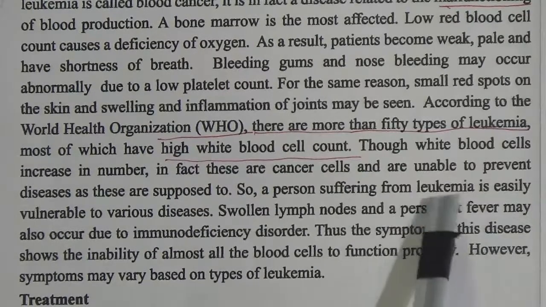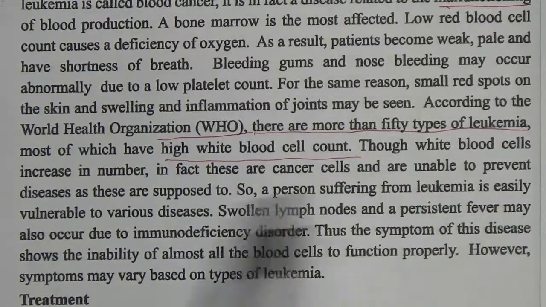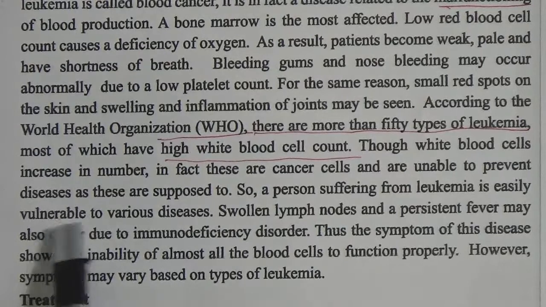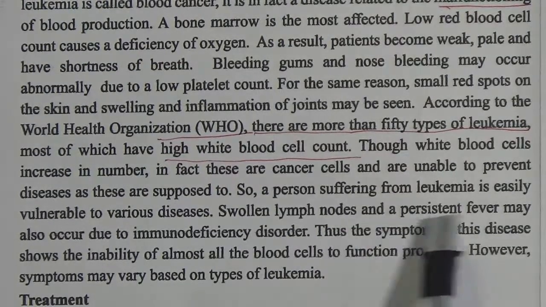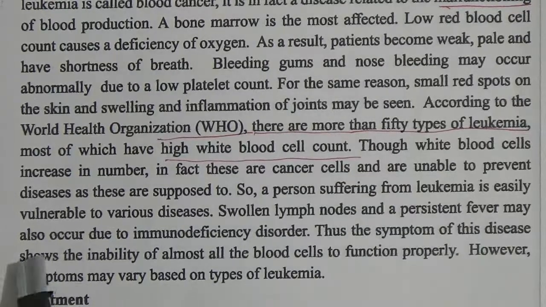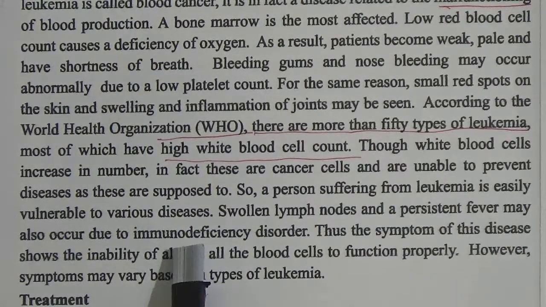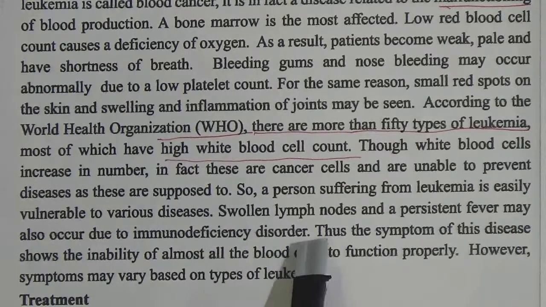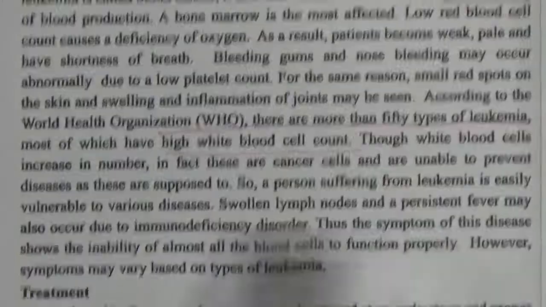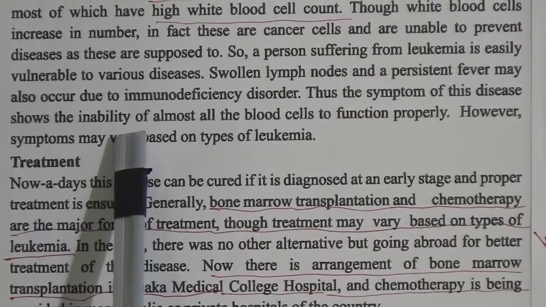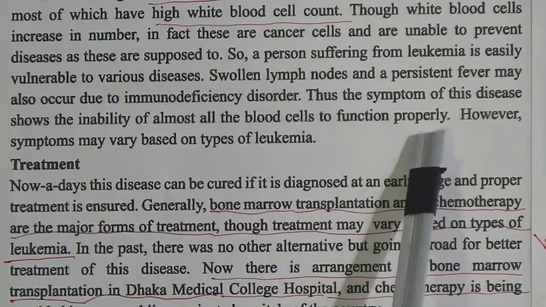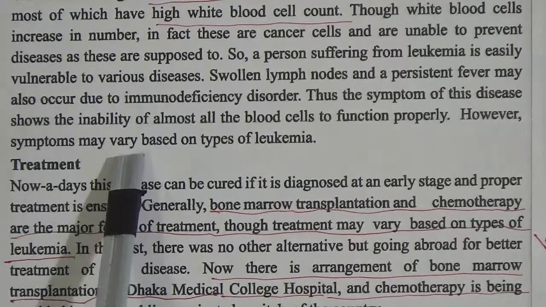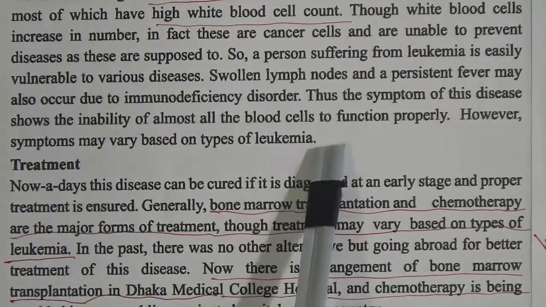So a person suffering from leukemia is easily vulnerable to various diseases. Swollen lymph nodes and persistent fever may also occur due to the immunodeficiency disorder, and thus the symptoms of this disease show inability in almost all the blood cells to function properly. However, symptoms may vary based on types of leukemia.